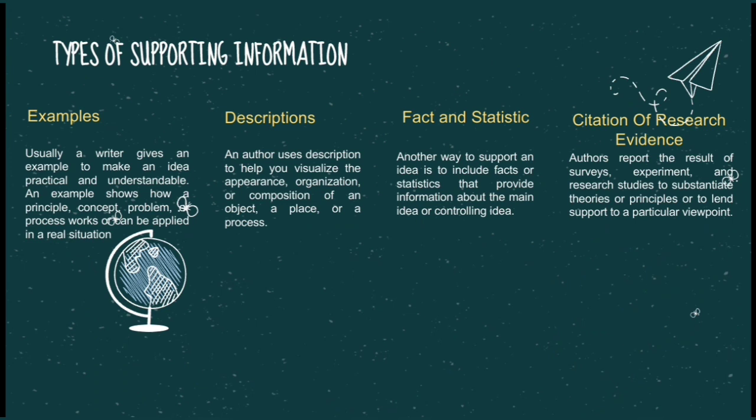Another way to support an idea is to include facts or statistics that provide information about the main idea or controlling idea. Next is citation of research evidence. Authors report the results of surveys, experiments, and research studies to sustain a theory or principle or to lend support to a particular viewpoint.